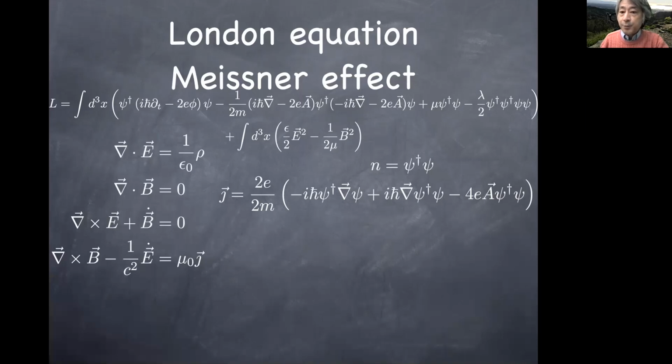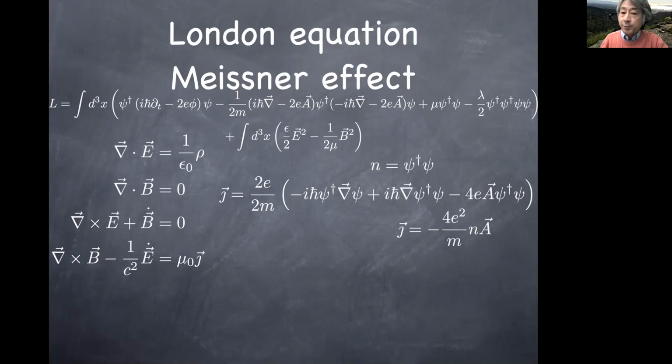By taking variation with respect to this extra A over here, you get grad acting on psi dagger times psi, that's the second term here. But there's also a piece which is the product of two A's. Taking variation with respect to A, you get a factor of 2 out of that. So that gives you this 4e term times psi dagger psi. That would be the expression for the current of the Schrödinger field.